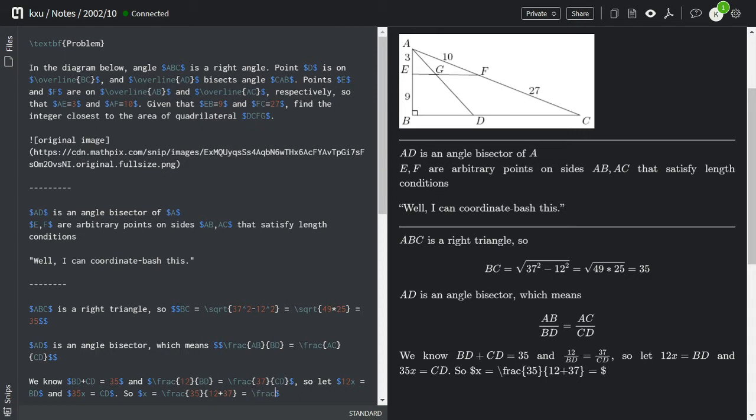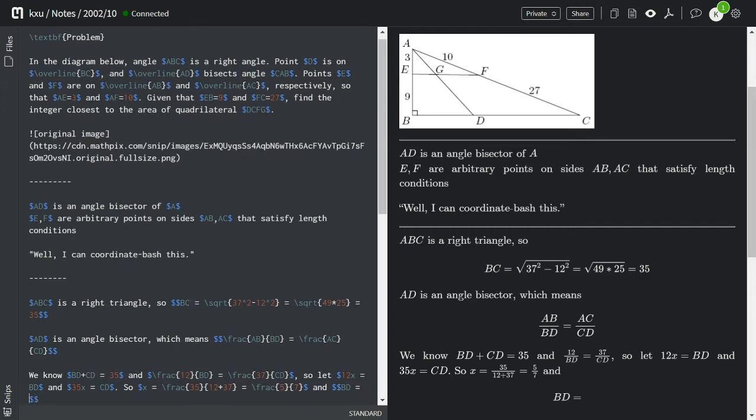So this is equal to 5 over 7. And I get that BD is equal to 60 over 7, CD is equal to 37 times 5, which is 185 over 7.